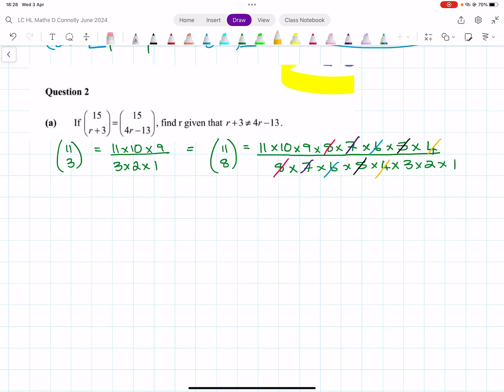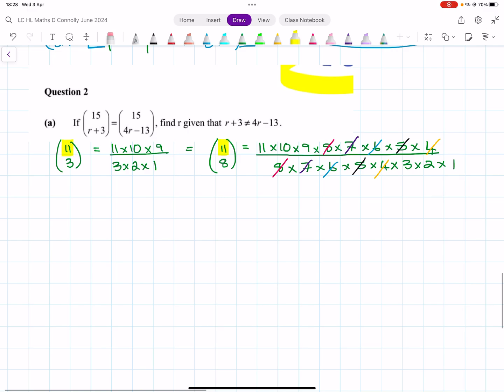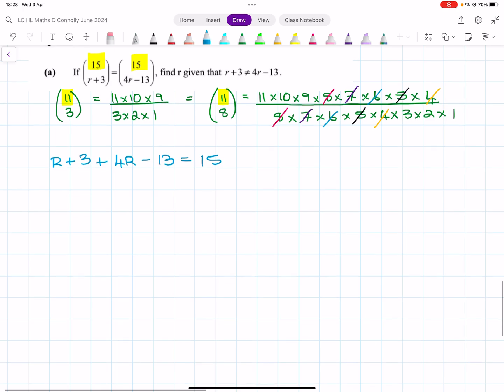So when the top number is the same, the bottom numbers add up to the top number. So we use that fact because the top numbers are the same. So the bottom numbers, r plus 3 plus 4 or minus 13, have to add up to 15. And yeah, should be easy from there.